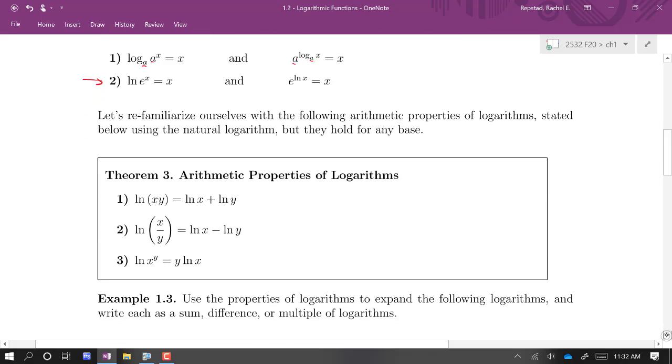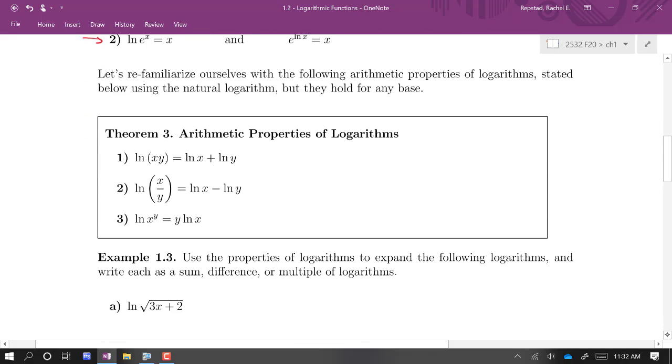So here are some convenient properties of logs. One, we can split up a log. If we're multiplying inside a log, we could split it up as addition of the two logs. If we are dividing inside a log, we can split it up as subtracting the two logs. And I should mention that these properties work both ways, right? We could also use them to combine logs.